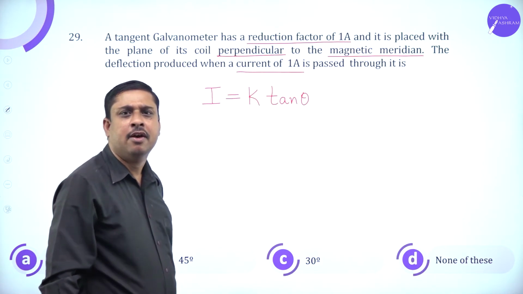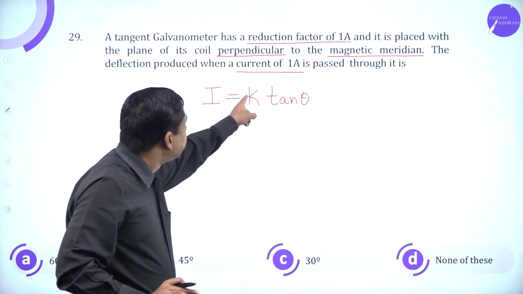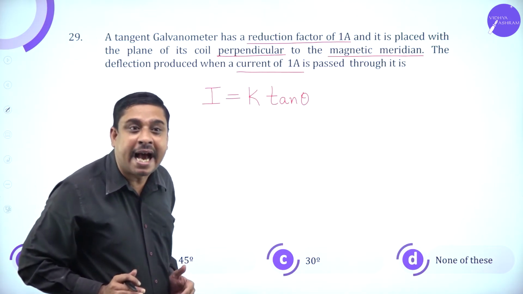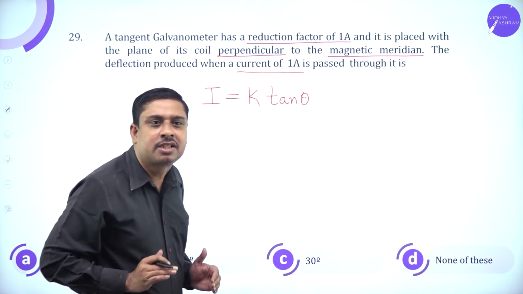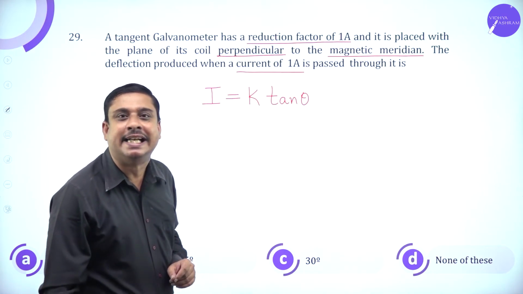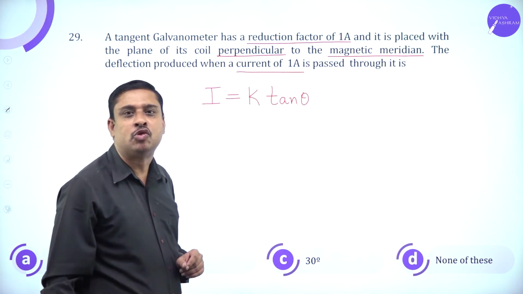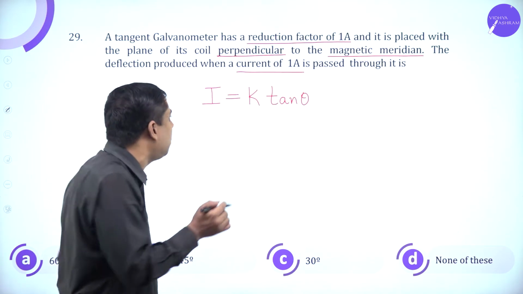K is called the reduction factor of the TG. Theta is the deflection produced in the TG. He's asking us for theta, that's all.